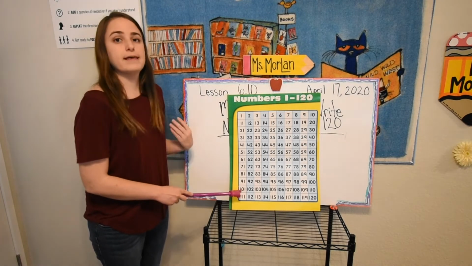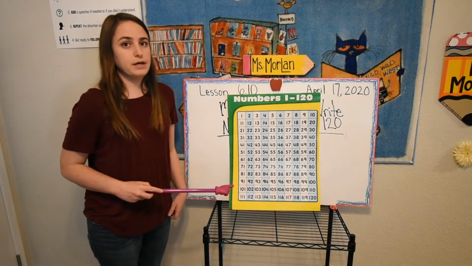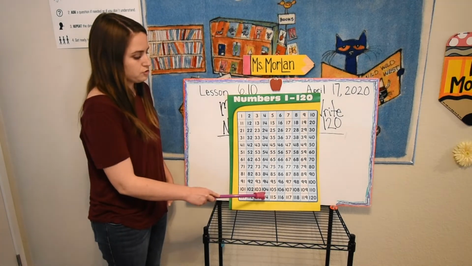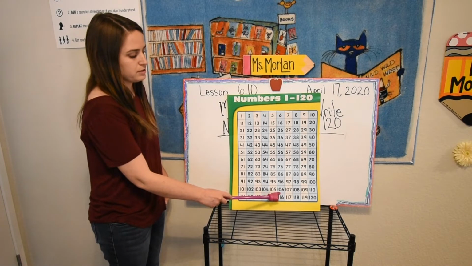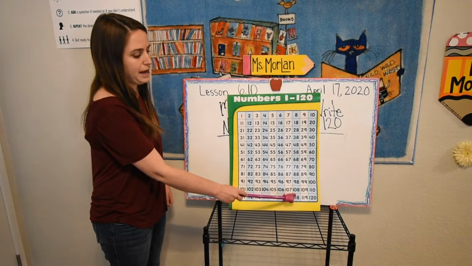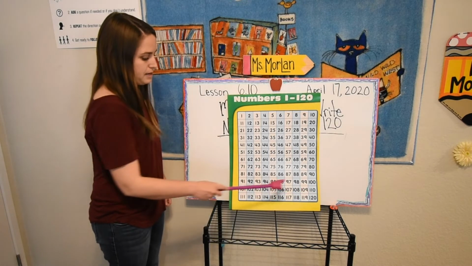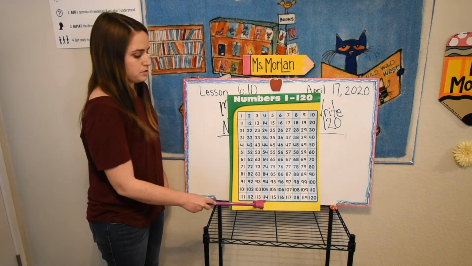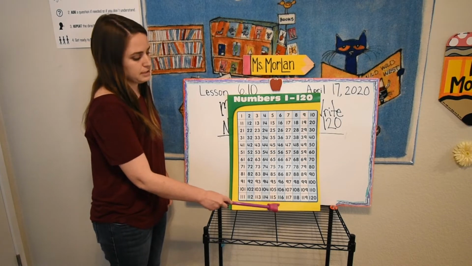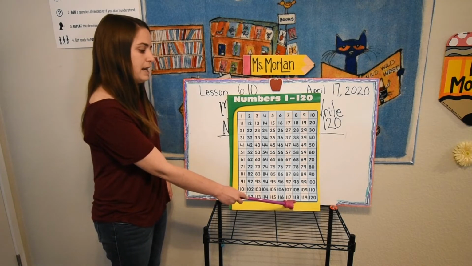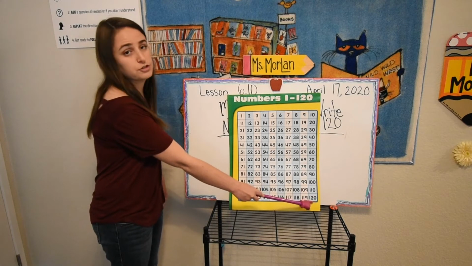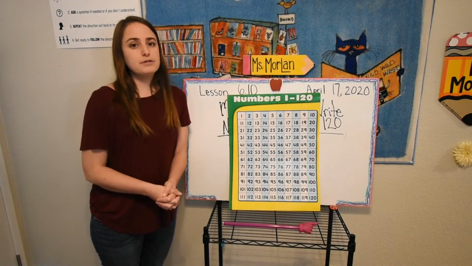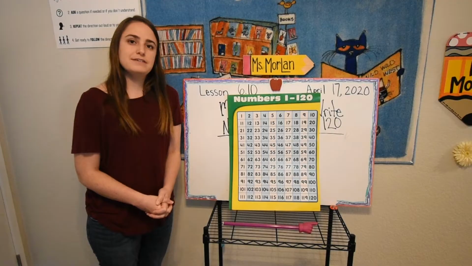So we're going to start here, and let's count by ones all the way to 120. 101, 102, 103, 104, 105, 106, 107, 108, 109, 110, 111, 112, 113, 114, 115, 116, 117, 118, 119, 120. Okay? All right, now we are going to be getting out our Go Math books and turning to page 277.